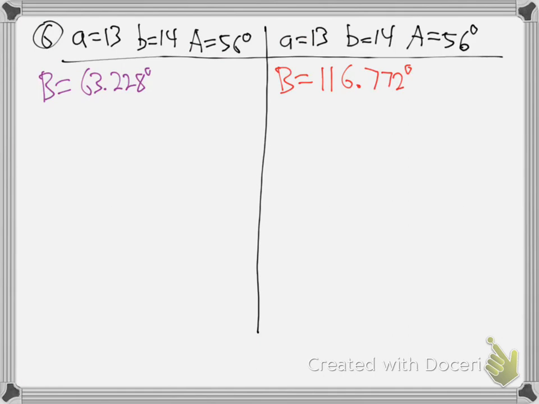So I've got two options now for capital B angle. They both start with the same three pieces of information, but now there's two options for capital B leading to two different possible triangles. So here we go. Let's find C over here now. C is going to be 180 minus the other two, the 56 and 63.228, whatever that is.